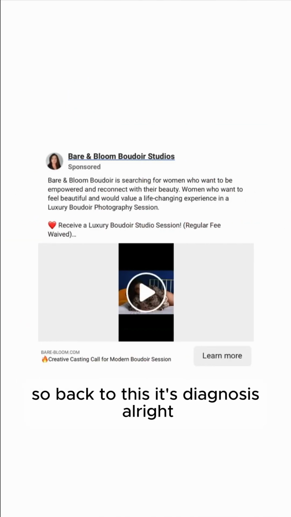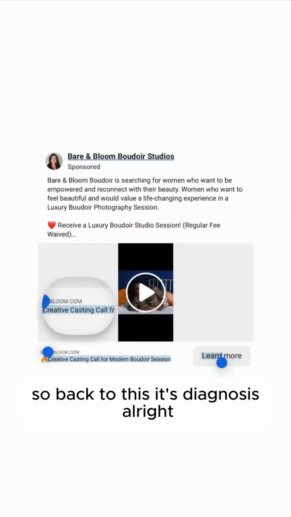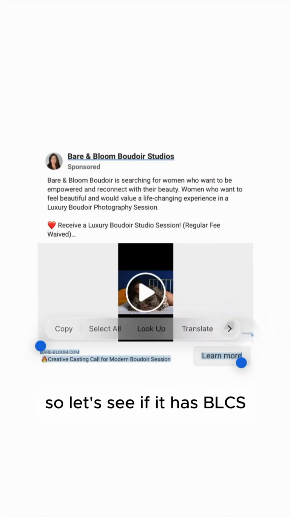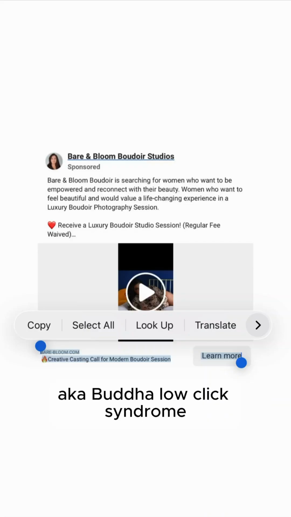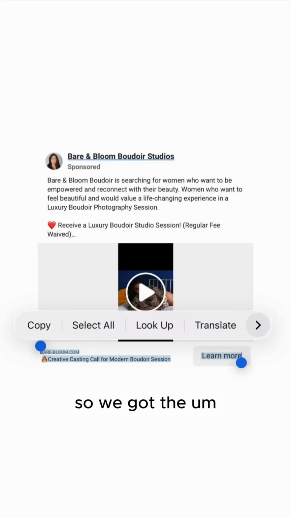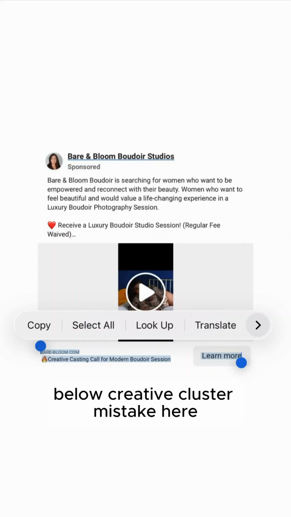So back to this, let's diagnose this. All right, so I'm going to see if we believe it has BLCS, aka Boudoir low click syndrome. So we've got the below creative cluster mistake here.